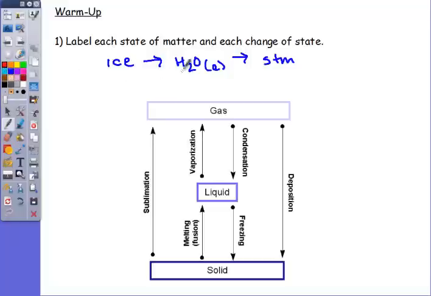And most of you can pretty much tell me that when ice turns into liquid water, that's melting. When water goes into steam, that is actually called vaporization. A lot of students want to call it boiling, and boiling is a method in which that occurs, but the broad, big umbrella term is vaporization.